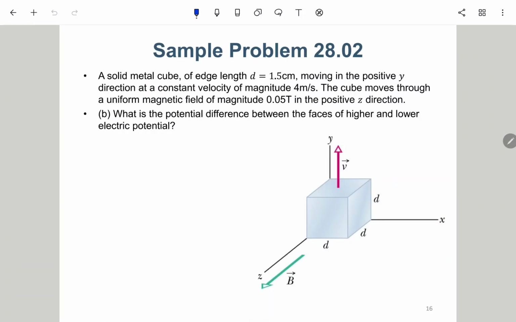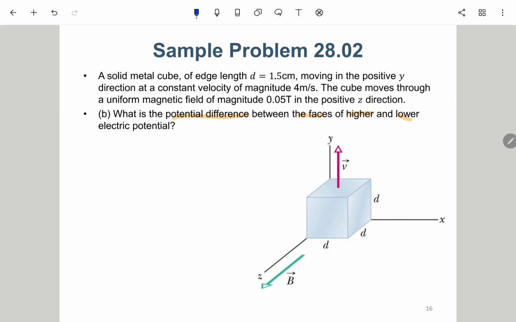So for question B, it asks what the potential difference is between the faces of high and low electric potential.